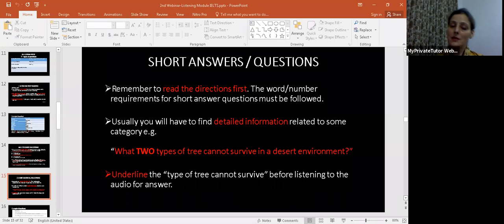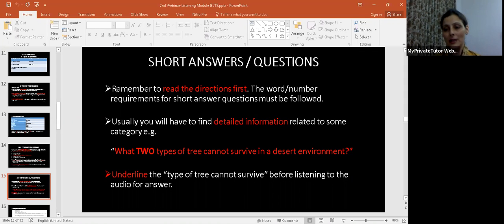The instructions must be followed. Usually you will have to find detailed information related to some category. You're hearing the conversation in the audio, and there's detailed information. You're going to scratch the desired information from that conversation.